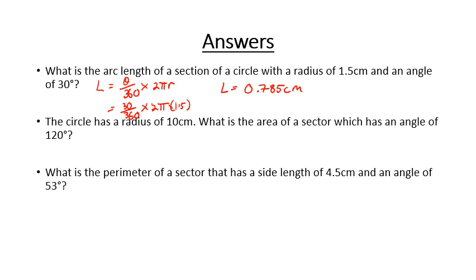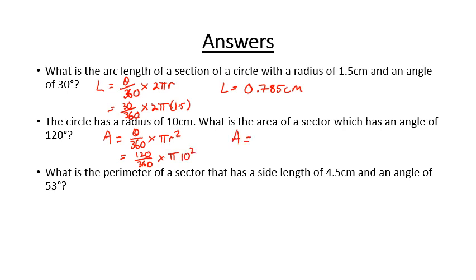The second question says a circle has a radius of 10 centimeters. What is the area of the sector which has an angle of 120 degrees? So remember, area is equal to theta divided by 360 multiplied by pi r squared. That's going to be 120 over 360 multiplied by pi 10 squared.